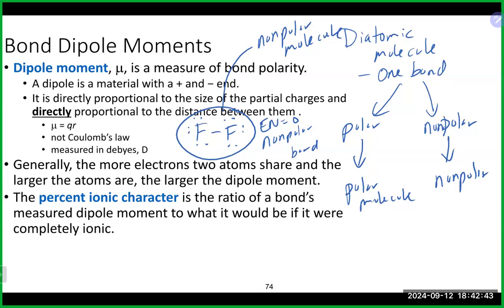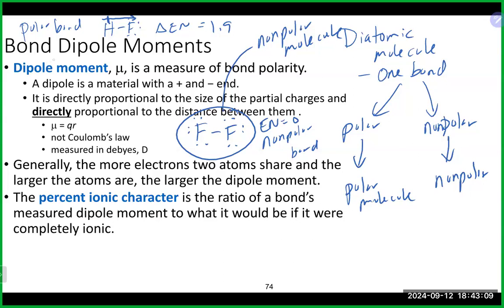Same thing if you had something like HF. If you do the electronegativity difference, that is a 1.9 difference, which means we have a polar bond, which we could represent with that bond dipole arrow pointing towards the fluorine in this case, which is more electronegative.